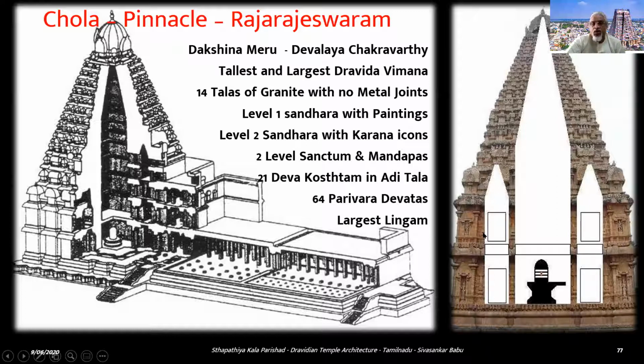In the entire complex, including this and the Prakara, we have 64 Parivara Devatas in total, including Ekadasa Rudras, Dikpalas and all the Parivara Devatas. We have 64 Parivara Devatas maximum. And it houses the largest lingam in this area, except Bhojeshwaram.